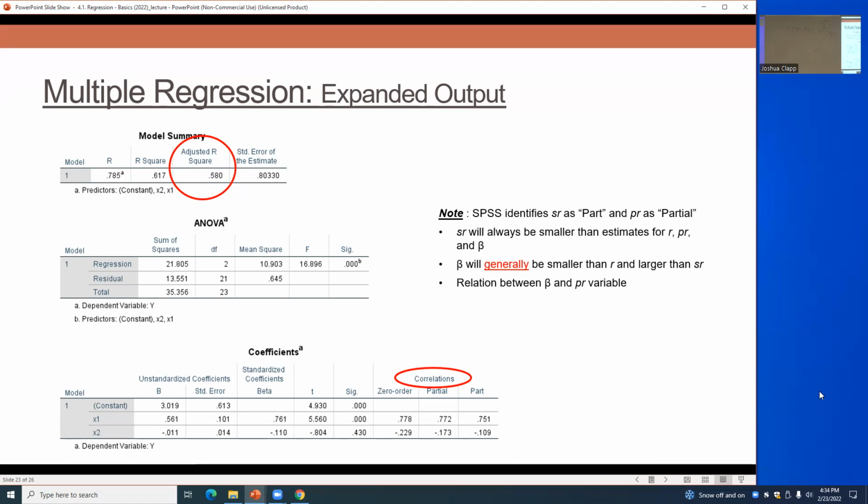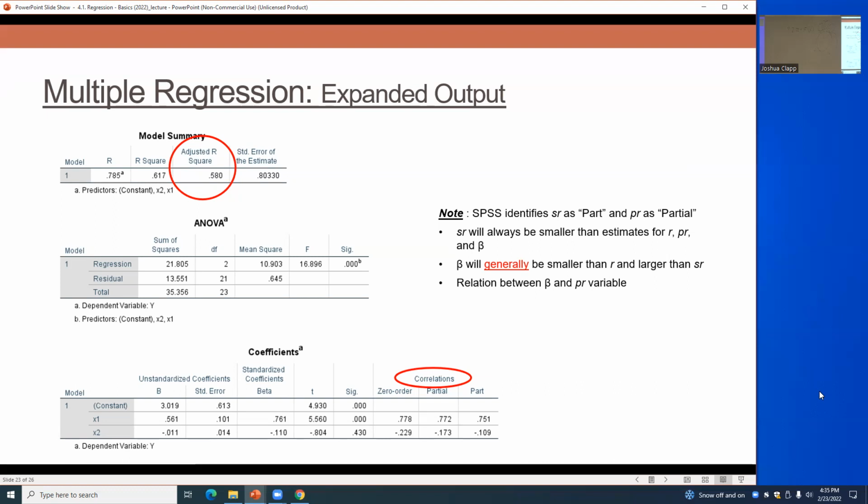The relation between my standardized coefficient and my partial correlation is going to be variable, but they're generally going to be pretty close, to the point that I've gotten to feeling like it's redundant to report both, just because they're almost always the same number, and then I've got two columns in a table with almost the same number.